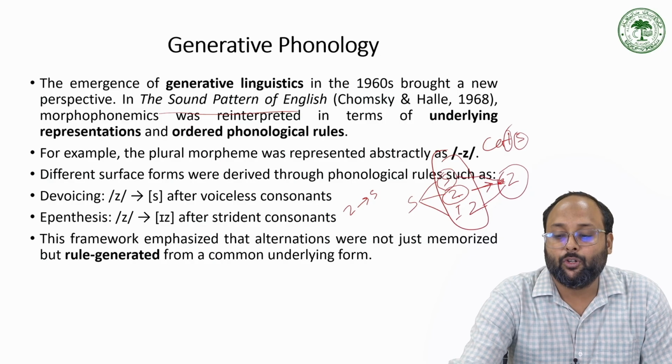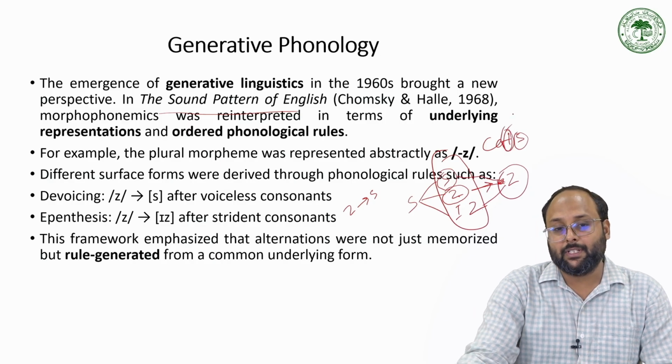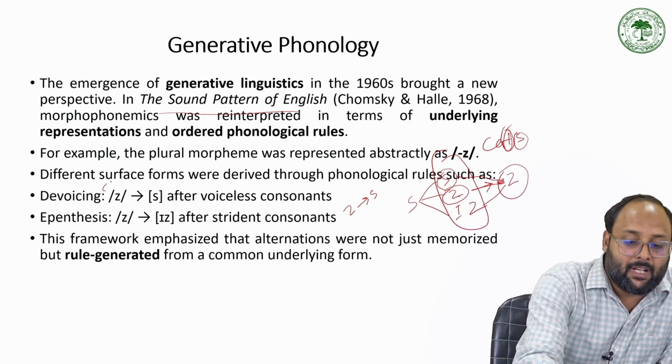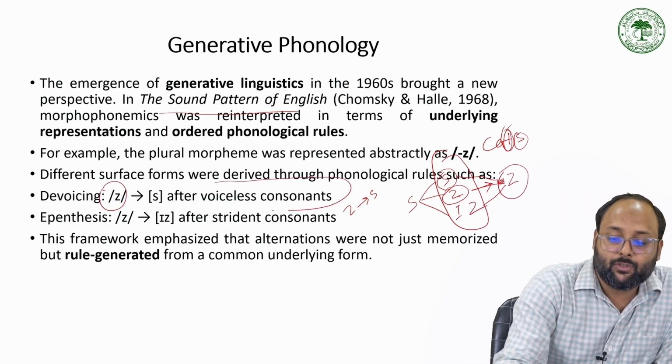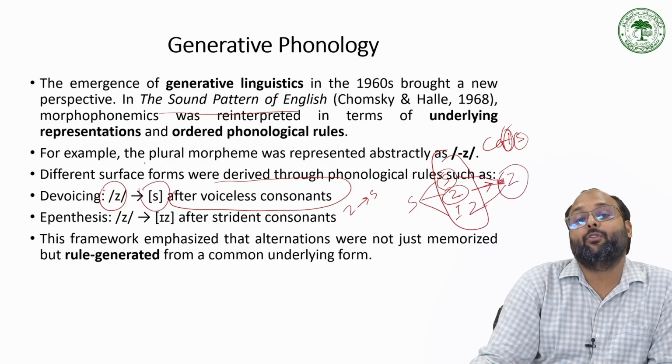Why? Because the previous sound is ta, which is voiceless. So when the za occurs after the voiceless consonant, it becomes sa.